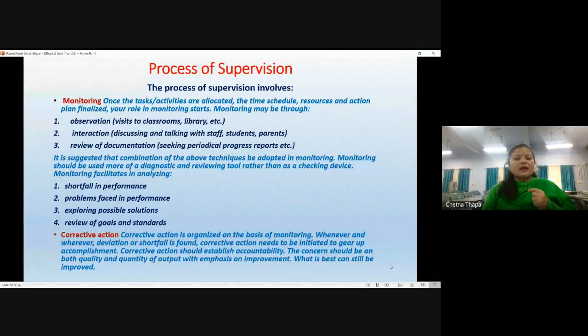So this corrective action should establish accountability also. You have the responsibility of such actions. The concern should be on quality, not only on the quantity of the output, and should focus on improvement also, on what is best and still can be improved. That gives the corrective action, and that is only possible after the monitoring that is done by the school head.